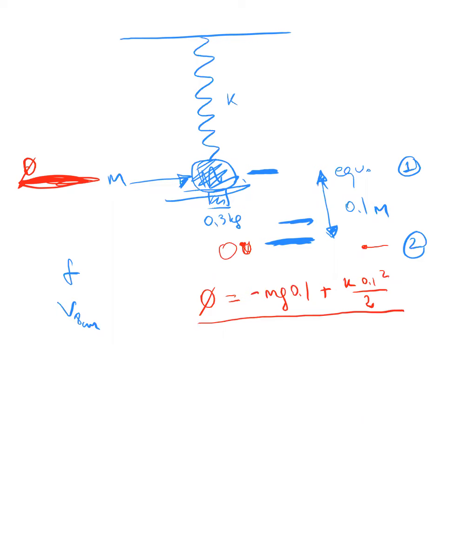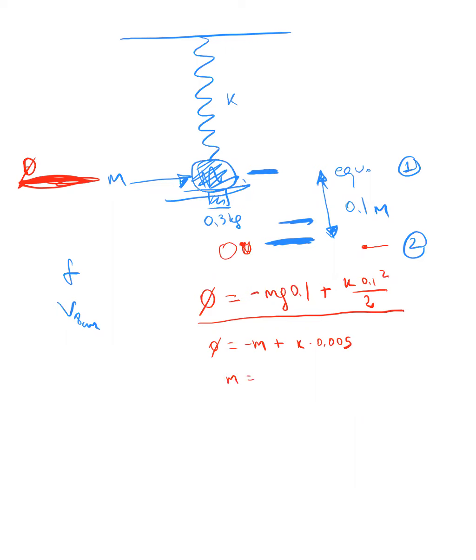Let me rewrite it. I have two things that I don't know here. It's the mass and K. So m times 10 times 0.1 is 1. And 0.1 squared is 0.01. Half of that is 0.005.